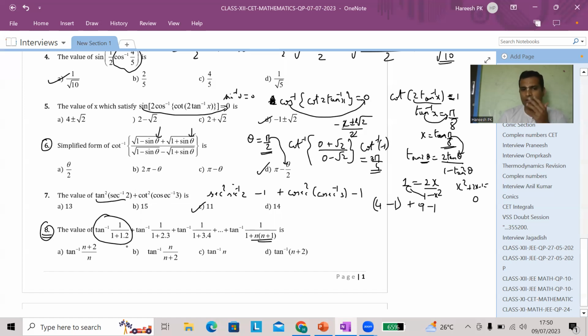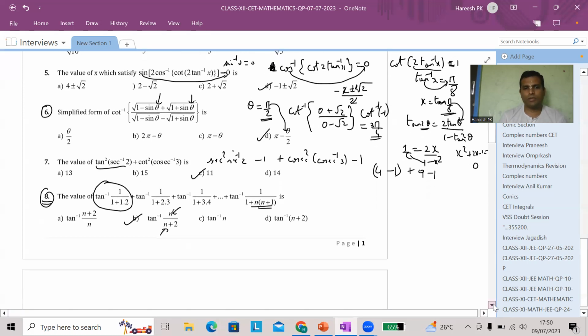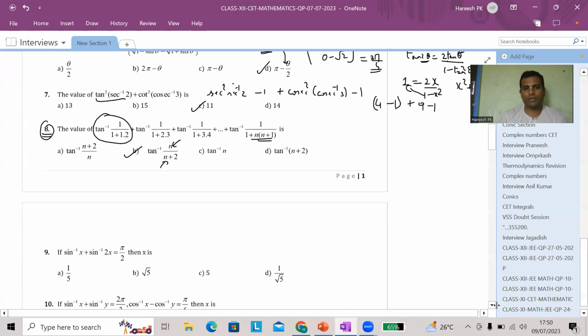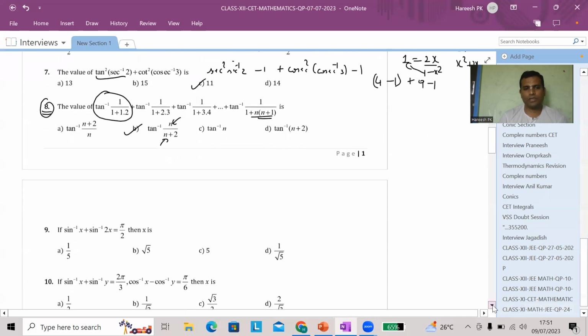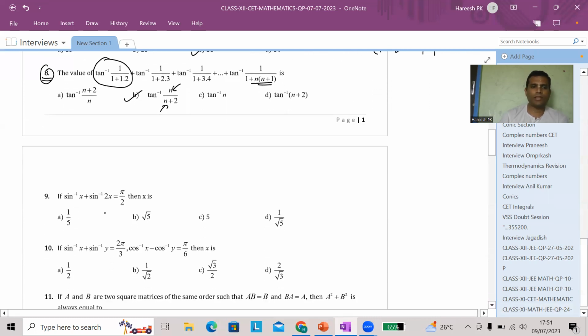So that's option B, because when you substitute n as 1, you're getting 1 by 3. All right, so these are all tricks where you can easily get the answer without solving. Ninth one and 10th.